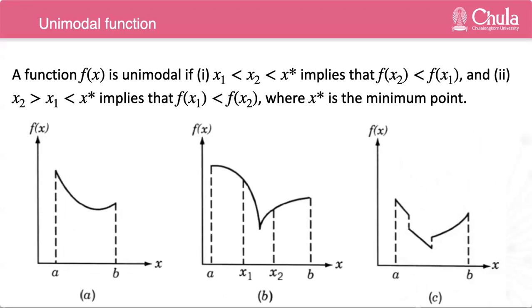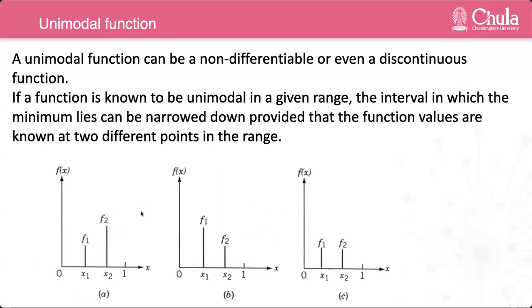You have only one minimum point in that area. Yes, that's it. One minimum point in the area is called unimodal.